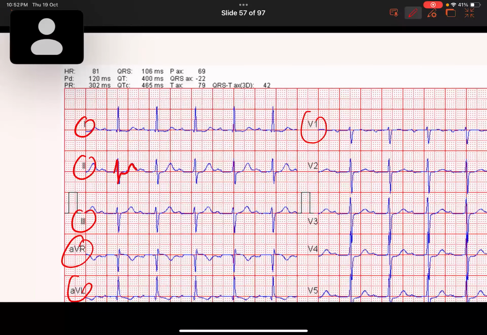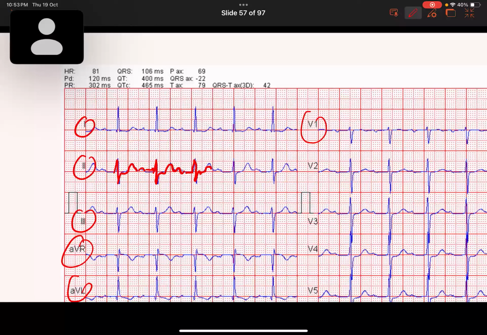QRS, and then a T wave, and then a P wave. And then there's a long distance between the P wave and the QRS complex, and then again T, and then P wave, and then a long distance. Two things that you should notice. Is the P wave present? Yes, good. Is the PR interval prolonged? Yes, bad. Is there a QRS complex that follows every P wave?